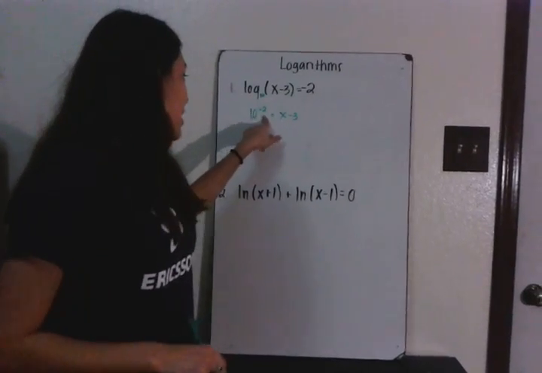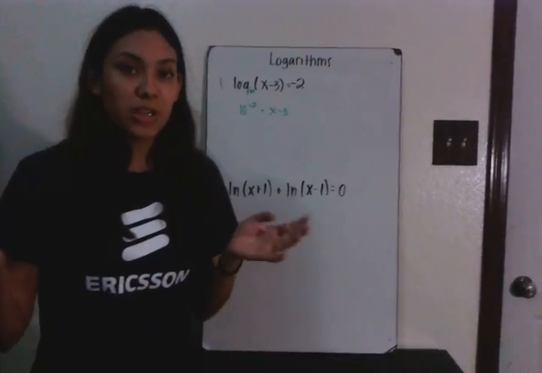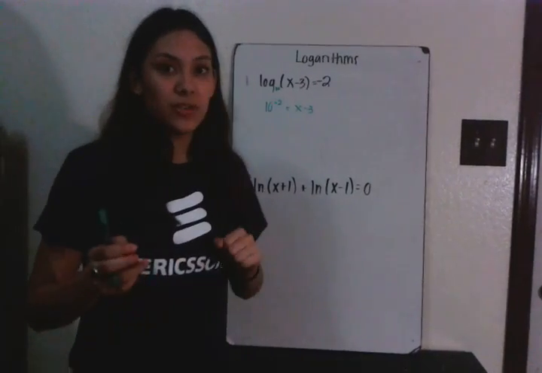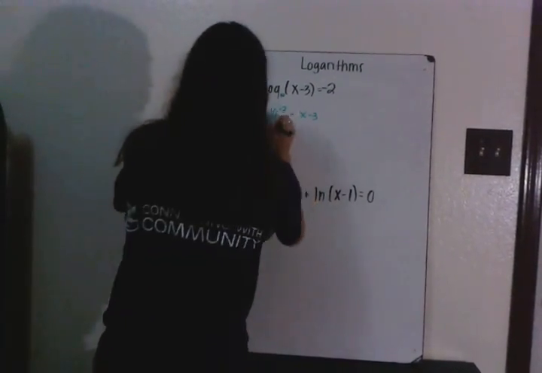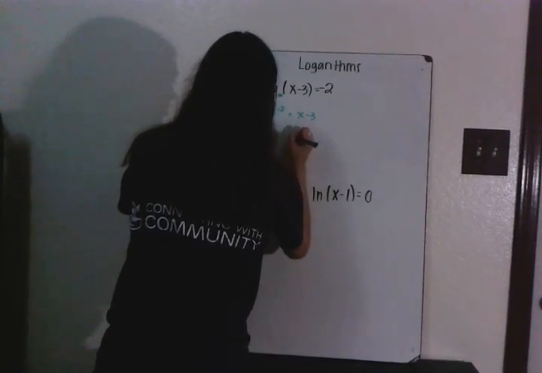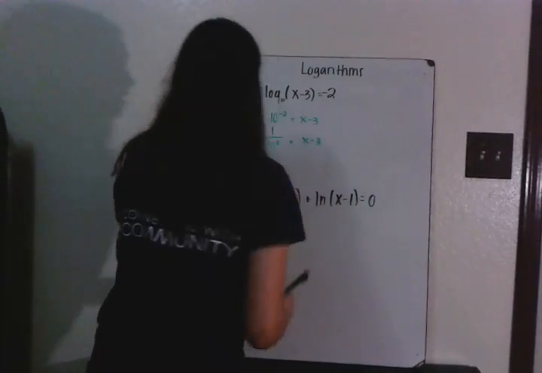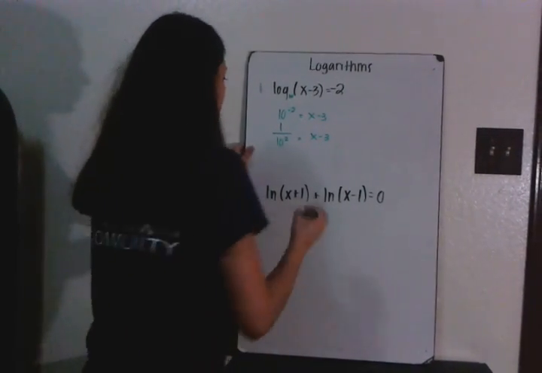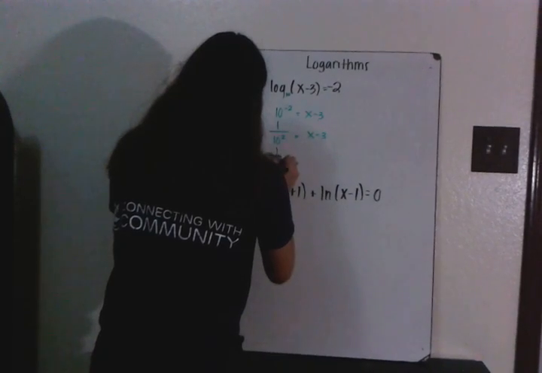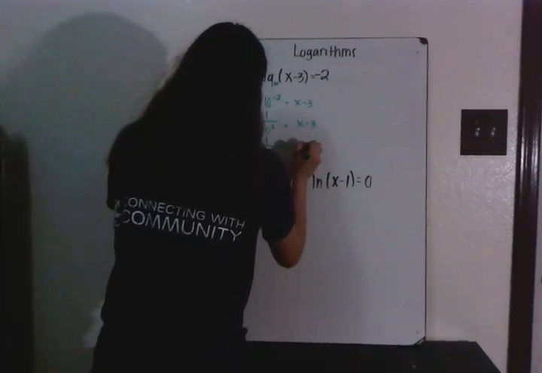So you know one of the exponent rules was that when you have a negative as an exponent, you have to turn it into a fraction. So you're going to do 1 over 10 squared is equal to x minus 3. You know 10 squared is 100, so you have 1 over 100 is equal to x minus 3.